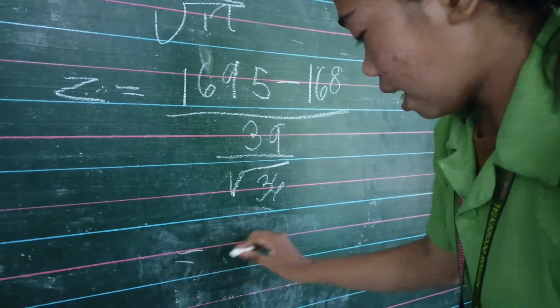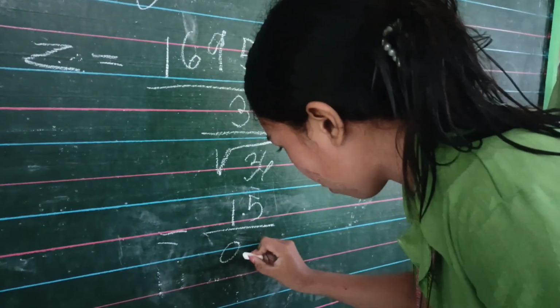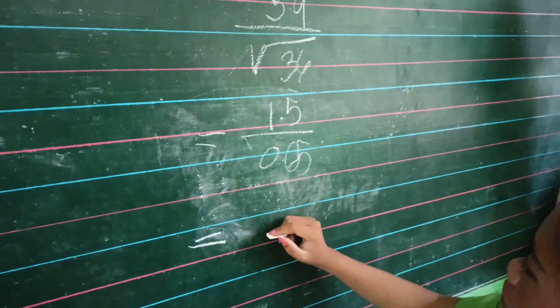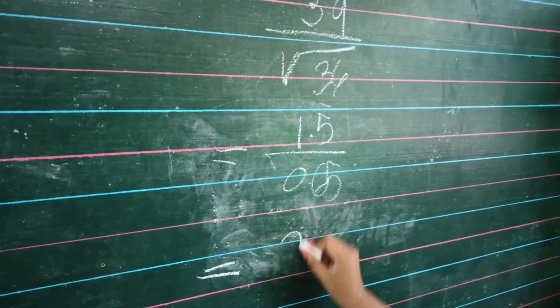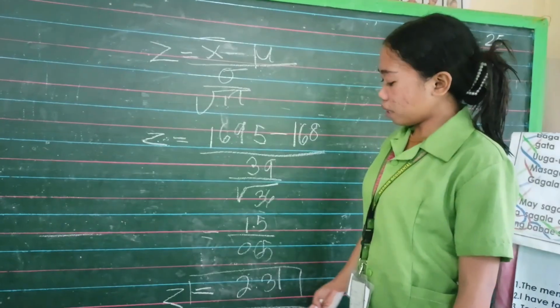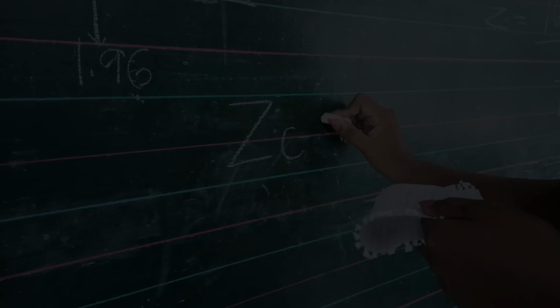The numerator is 1.5 over 0.65. Dividing 1.5 by 0.65, the answer is 2.31. So that is our calculated z-value.